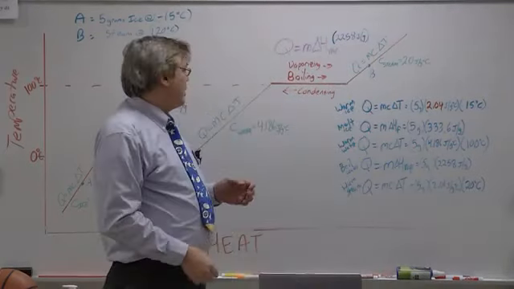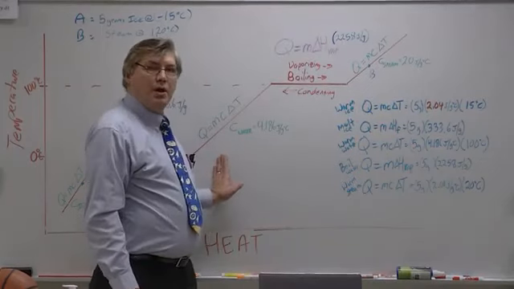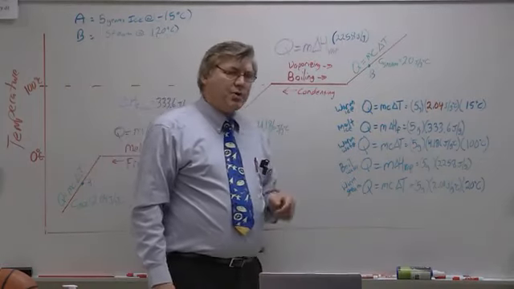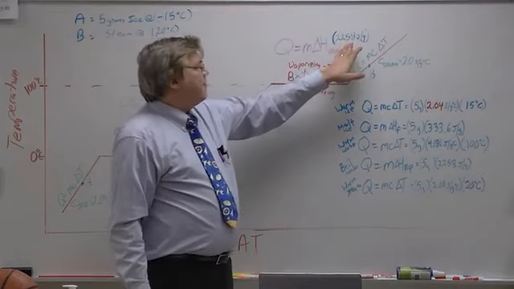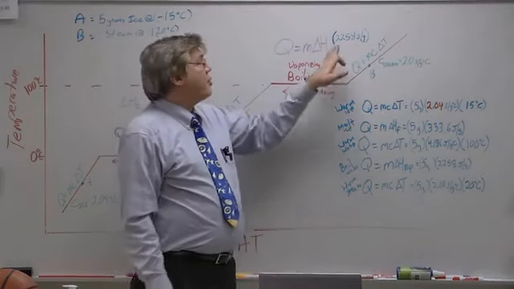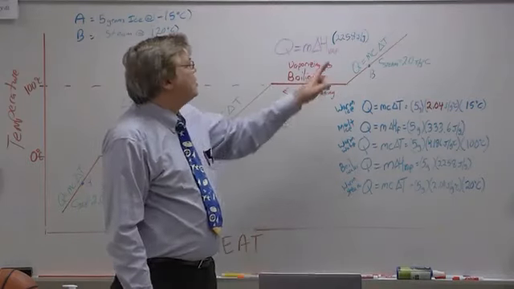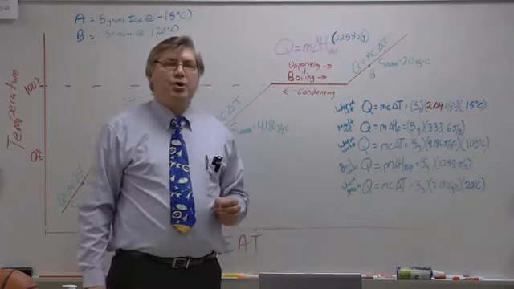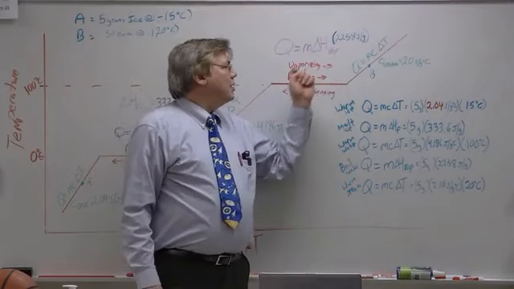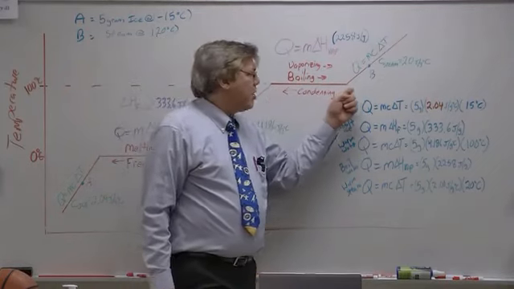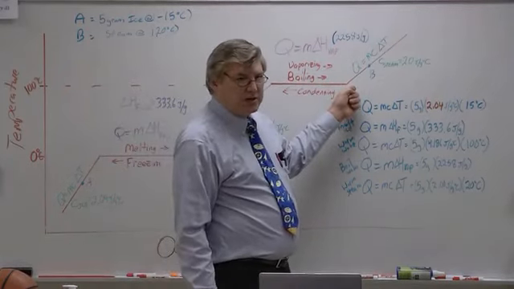Okay, almost as much heat as it takes to bring the water from 0 to 100 degrees, but not quite. On the other hand, the heat of fusion or heat of vaporization is very high, 2,258 joules per gram to take 0 degree water and turn it into 0 degree steam.